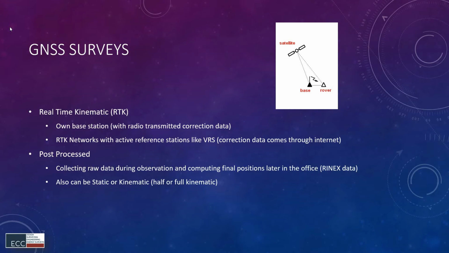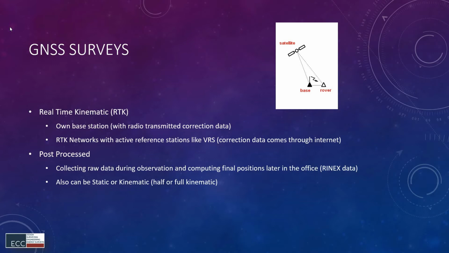One, if you have your own base, you set up your base with a radio transmitter on a known point, probably for the whole day, and you transmit the corrections from morning till evening, and you can walk with your rover and do your setting out or your survey in real time.